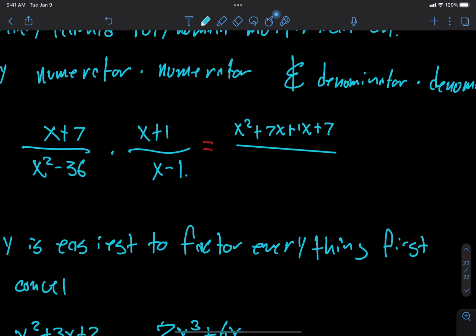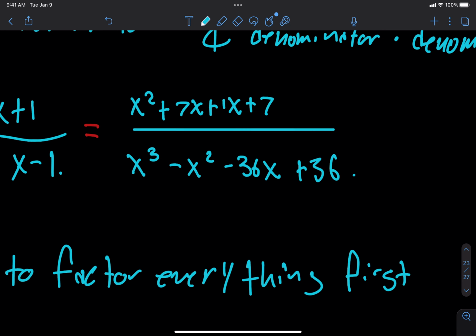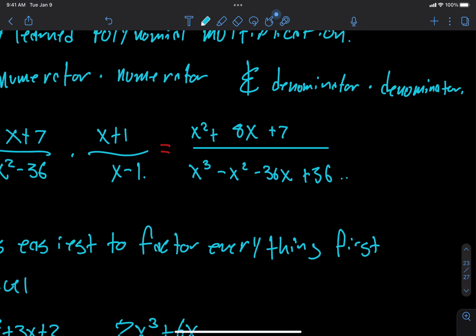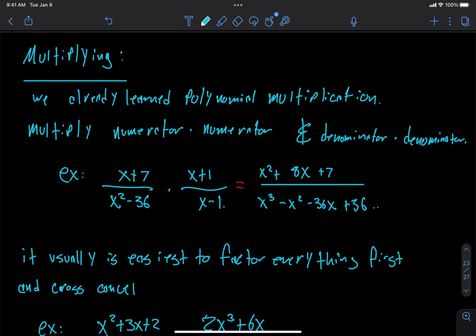And then in the denominator, we would get x cubed minus x squared, and then minus 36x, and then plus 36. Okay, so that's how we would get our final answer there. And of course, you would want to combine like terms in the top. You could rewrite this as plus 8x. Okay, so that's how we multiply two rational expressions.